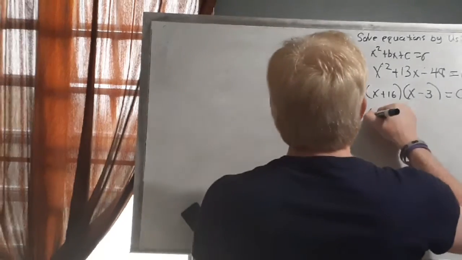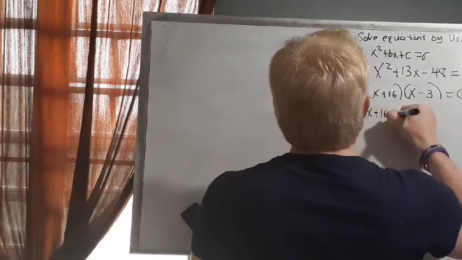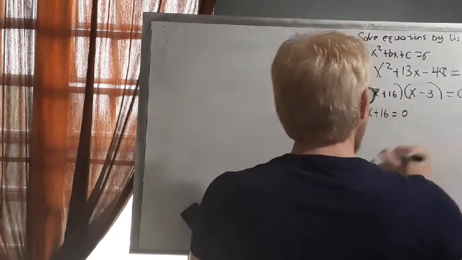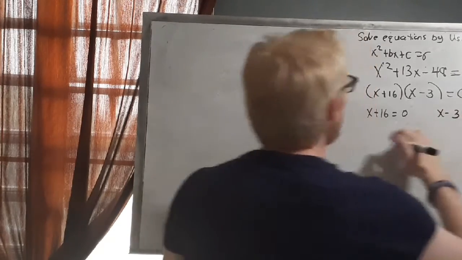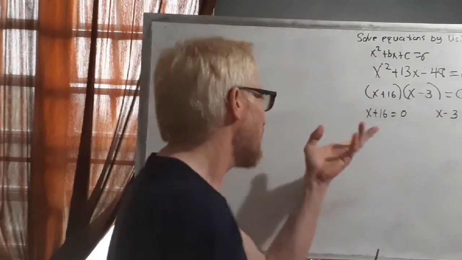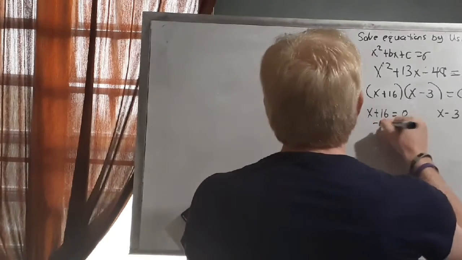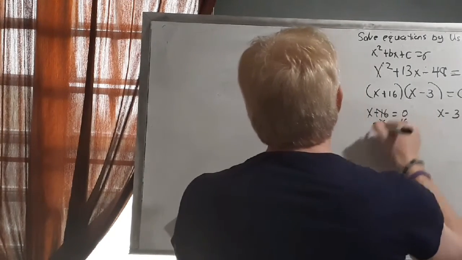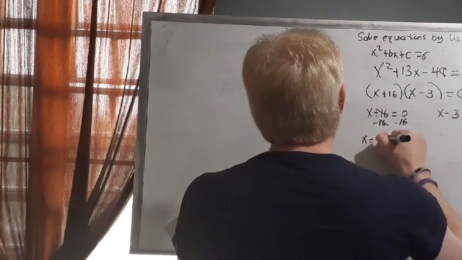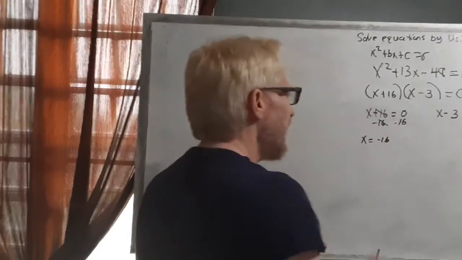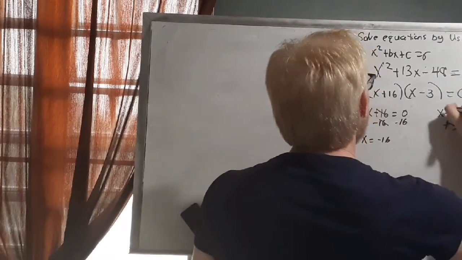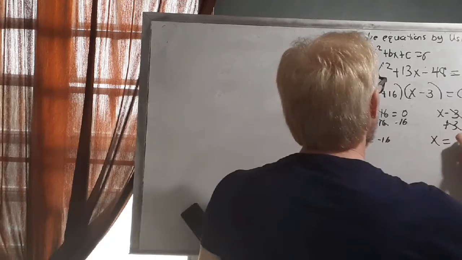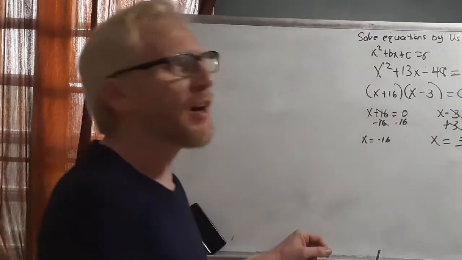So I'm going to say x plus 16 equals 0, and x minus 3 equals 0. I'm going to solve for x by subtracting 16, and on one side I have x equals negative 16, and I do the same thing here, I add 3, and on the other side I have x equals 3, and those are my two answers.